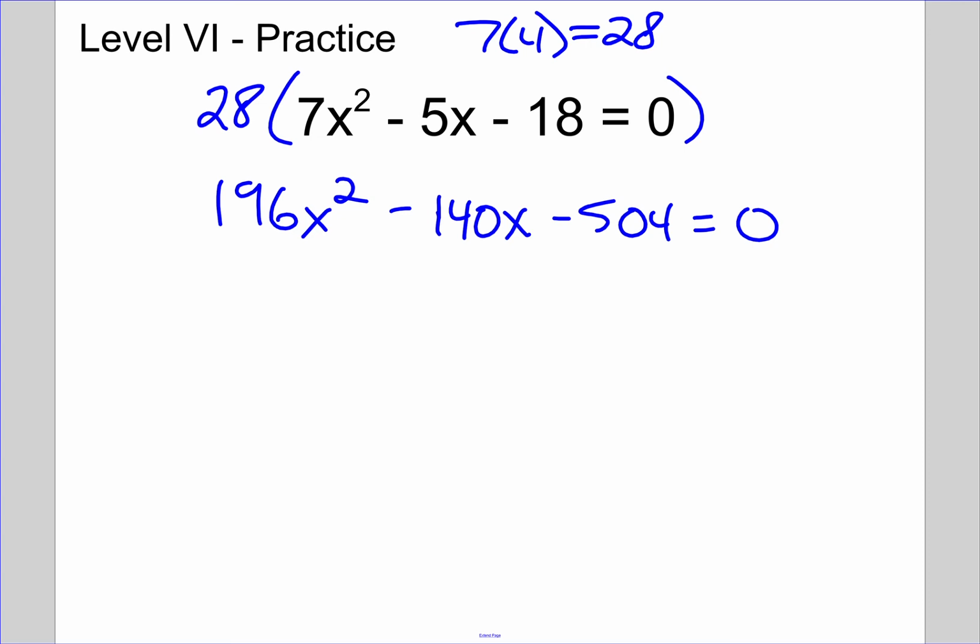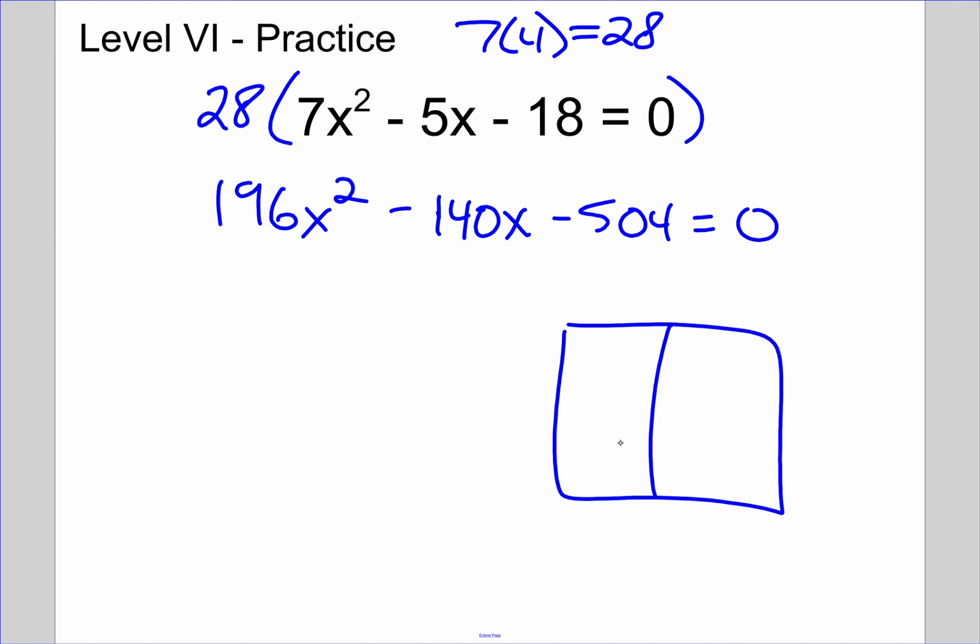But we know that we can resort to our area model here. Throw 196x squared in there, negative 70x here, negative 70x here. All right, and start to take a look at what's going on. So we know this is 28 times 7, right? So 7 goes into 28 4 times. This is 4 times 49, which I guess doesn't really help.